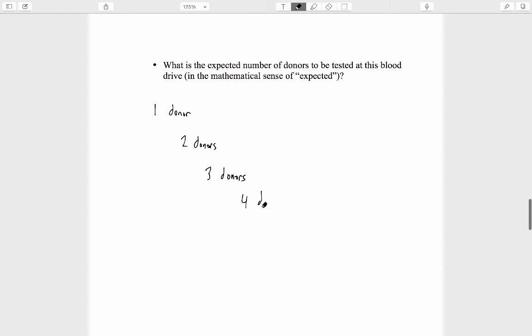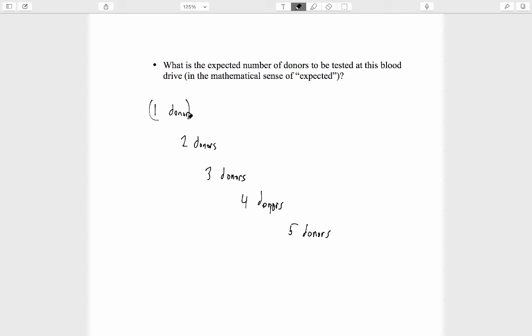There could be 4 donors, and then exactly at that moment the blood drive ends. Or there could be 5 donors. If it gets to 5 donors, maybe that 5th donor has O negative blood, and maybe that 5th donor doesn't. Either way, there won't be a 6th donor. If it even gets to the 5th donor, that donor will certainly be the last.